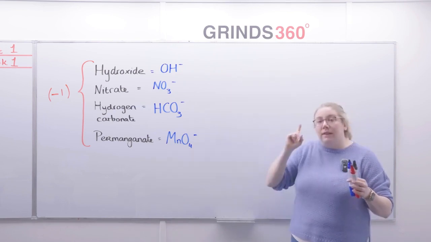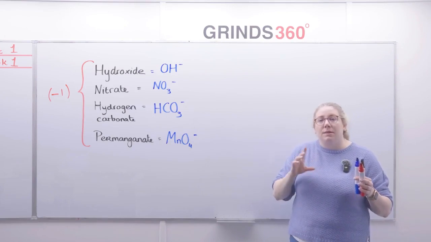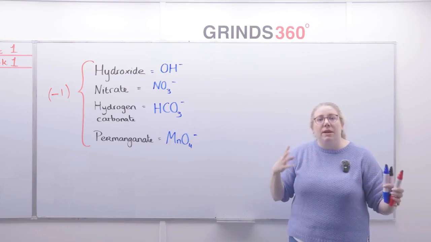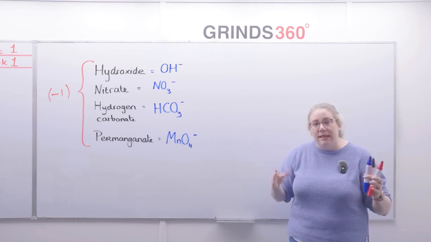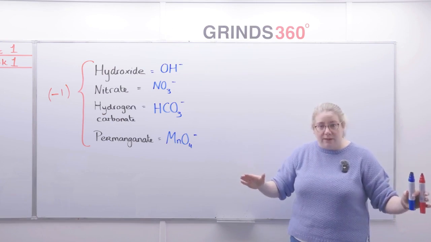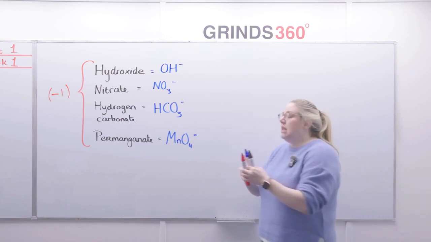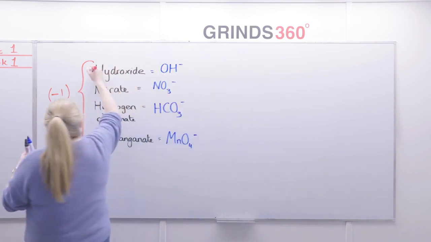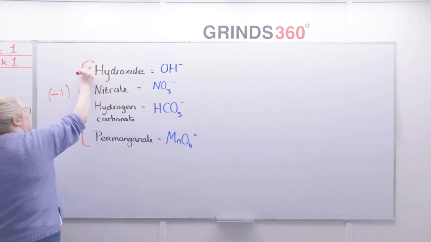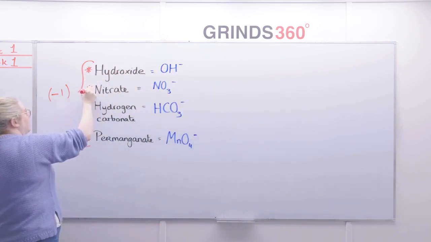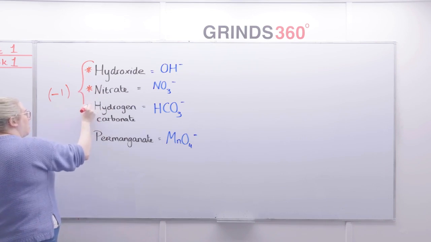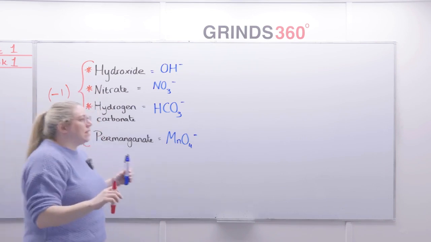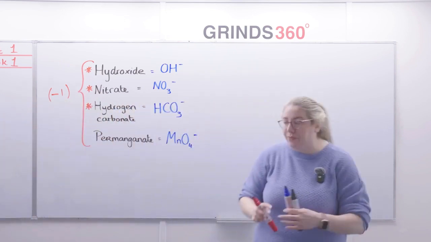So here, if you're in 5th year, I want you to put a star beside certain ones, because I tell my own 5th years that if they know 6 of these, you'll be fine. You'll ace 5th year. 6th year, you need all of them. So the most important would be hydroxide, nitrate, and hydrogen carbonate. So there's 3 of my 6 that I want you to learn off straight away.